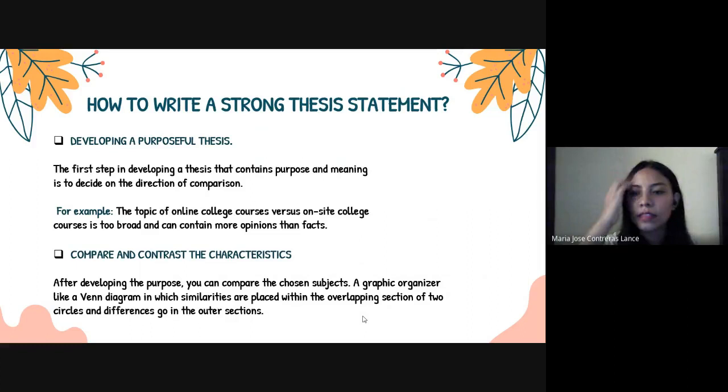This is for effectively analyzing the characteristics of two types of learning. For example, a conclusion they reach following analysis of the two subjects: despite the advantages of on-site courses, online learning provides learners with more flexibility and cost savings.